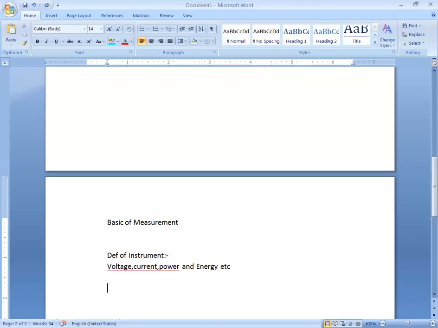Next is the classification of instruments.